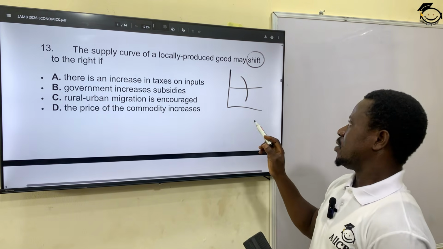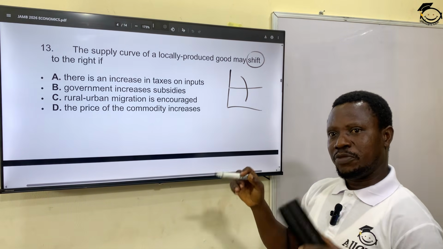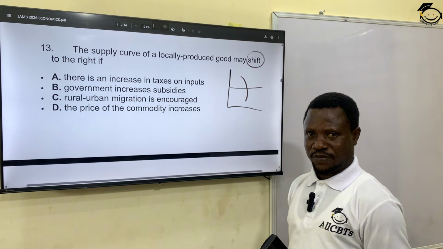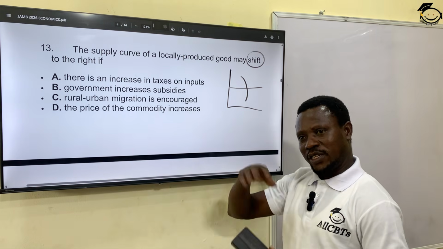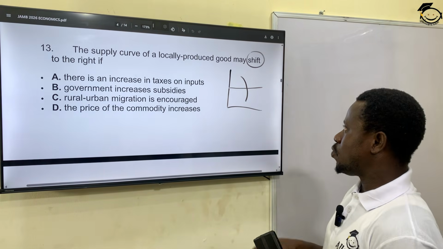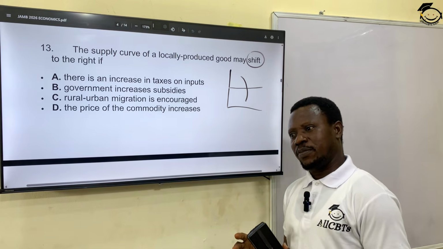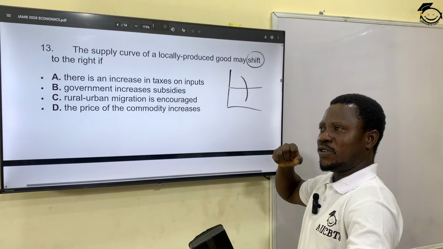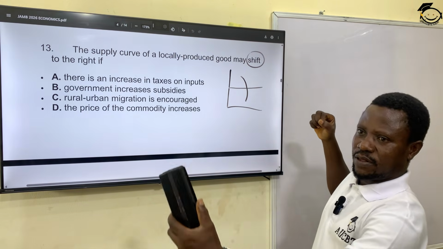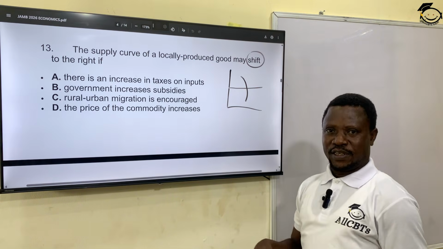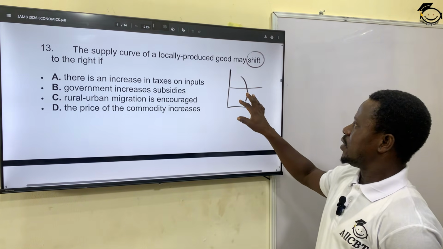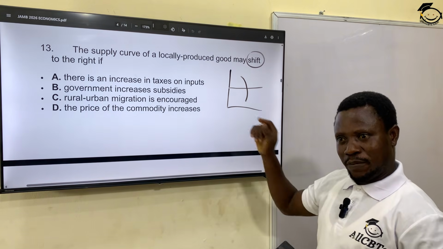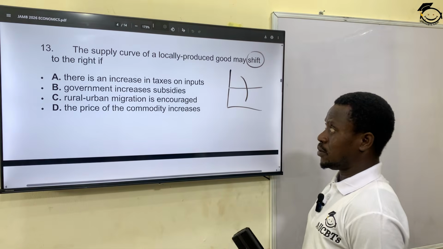If it's movement along the curve, the major cause of that movement is the change in the price of the commodity itself. But when we talk about a shift, it is a total shift from the original curve either to the right or to the left, even when the price is constant. So this shift is brought about by other factors, not the price of the product, because the price is constant.